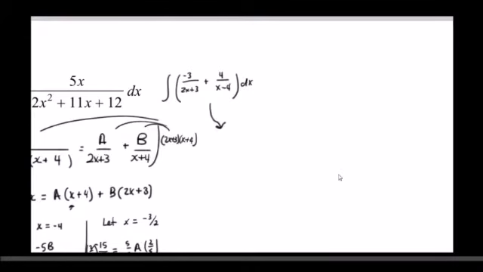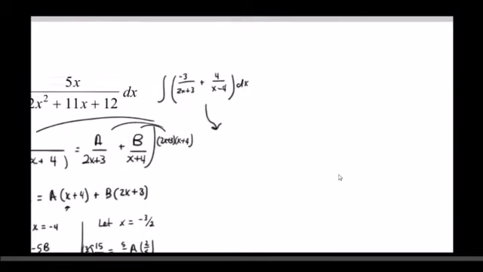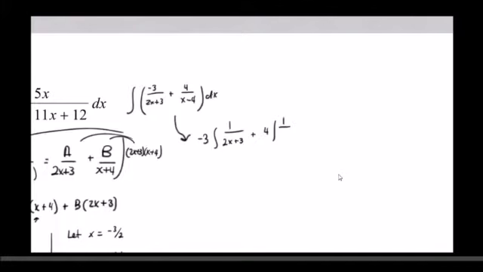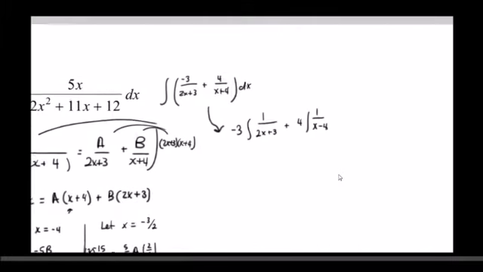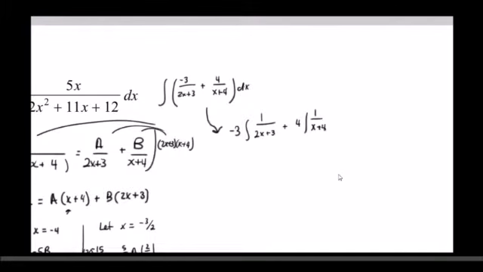So then we can separate this into two problems and pull those numerators out as coefficients in front. I'm going to have negative 3 times the antiderivative of 1 over 2x plus 3, and then a 4 times the antiderivative. Wait a minute, it's x plus 4. What am I doing? That's x plus 4 and x plus 4. There we go.